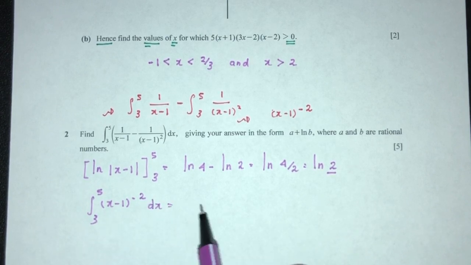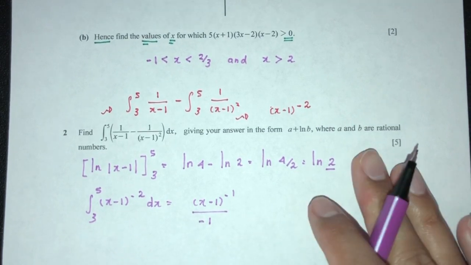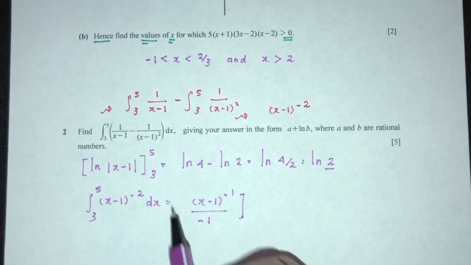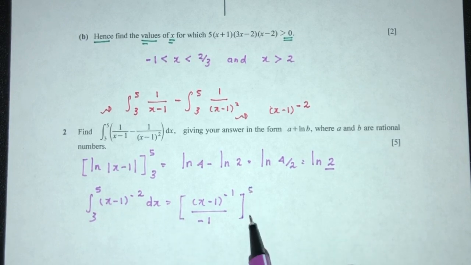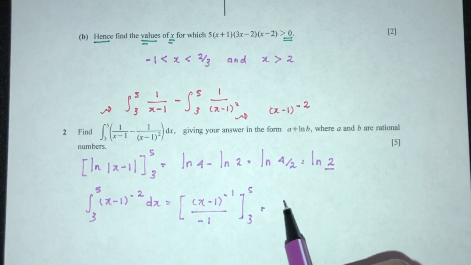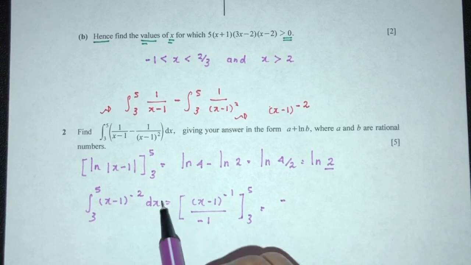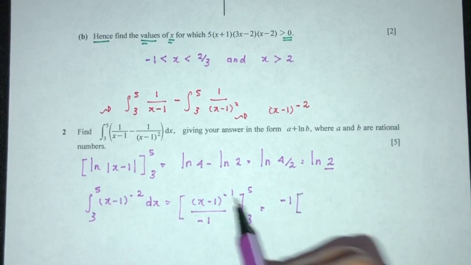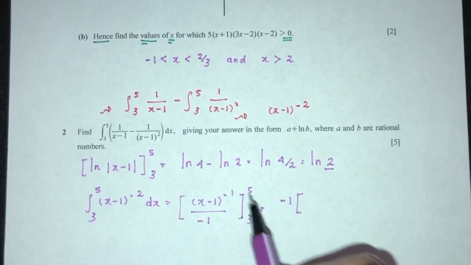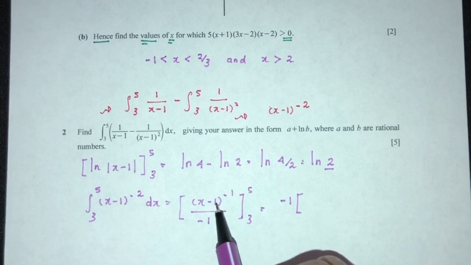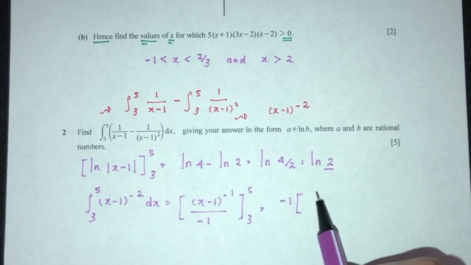That will give you what? So first thing first, we have to increase the power by 1. That should become minus 1. Then divide by minus 1. Then we of course have to look at the limits, 5, 3. That will be minus here. Let's take the minus 1 outside. Inside you will first have 5 minus 1 is 4. That will be 1 over 4.